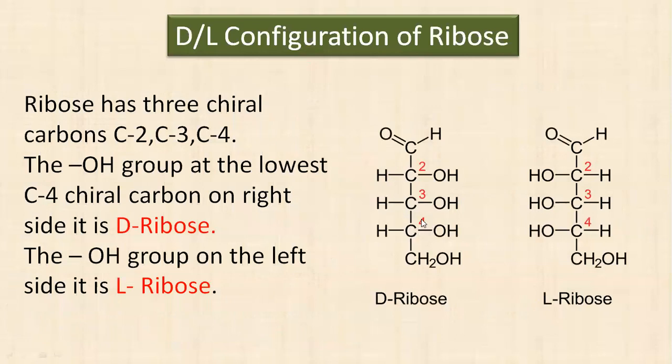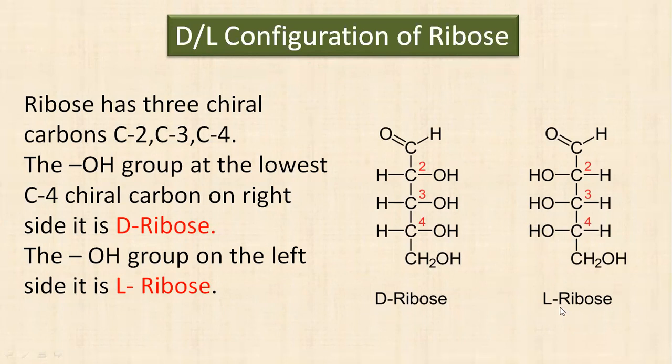This is for ribose. Ribose has 3 chiral carbons, carbon numbers 2, 3 and 4. We consider the OH group at the lowest chiral carbon, number 4. If it has the OH group on the right side, it is D-ribose. And for L-ribose, see here, the OH group present on carbon number 4 is on the left side, it is L-ribose.